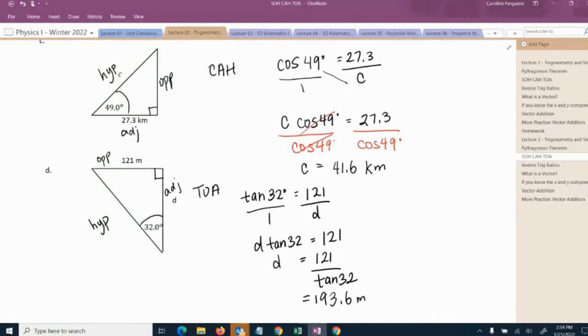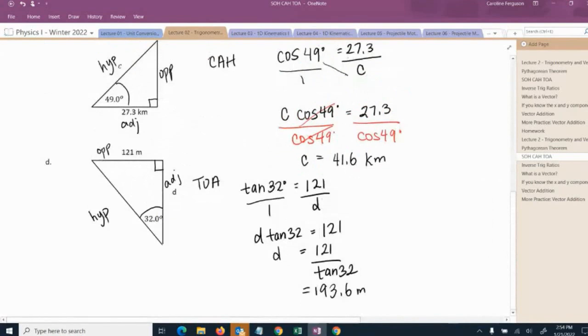Check it again, because you know what you probably did? I'm guessing maybe you did tan 32 first, and then you wrote down the answer, and then you did 121 divided by that, but you didn't include all the decimals, so there are rounding errors, and so your answer's off by a tiny bit. That's my guess. Because I typed it all at once, and I got 193.640478. Okay, so that's it for that question.